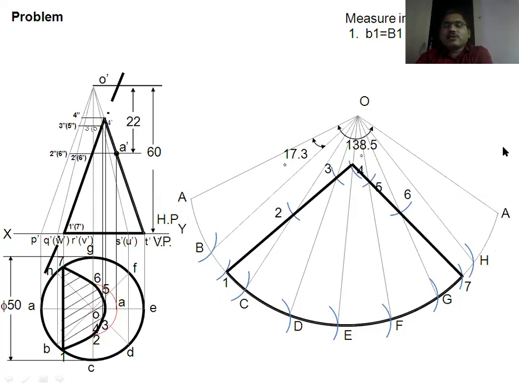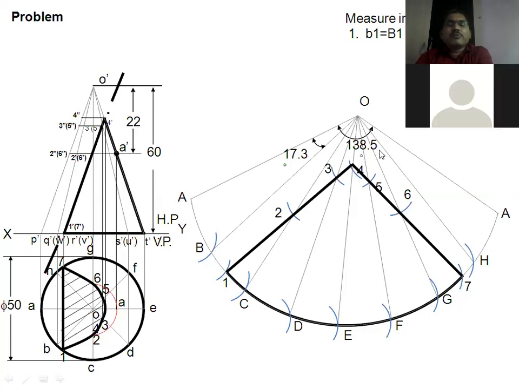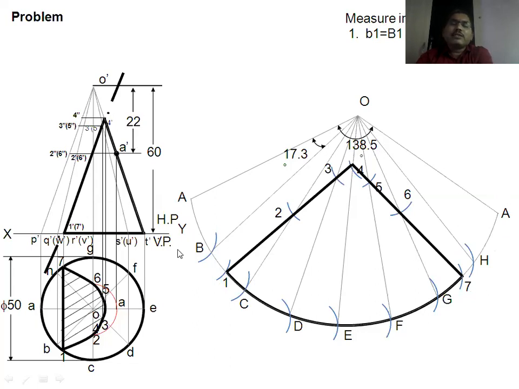This arc is called the base arc. On this base arc you have to mark a number of divisions A, B, C, D, like this 8 divisions. The total included angle is 138.5 degrees, so you divide it into 8 parts and mark A, then B, then C, then D.